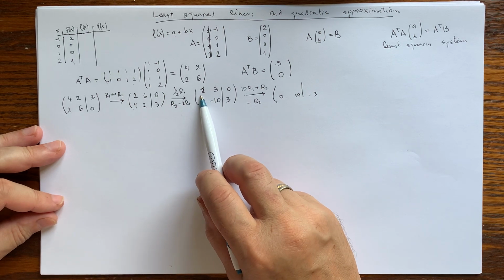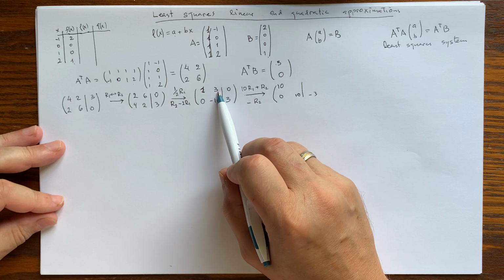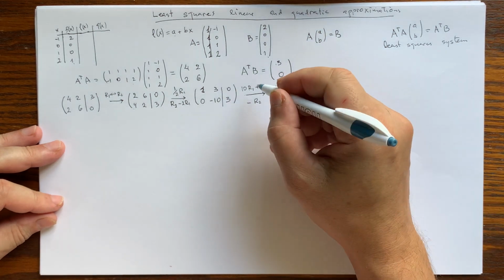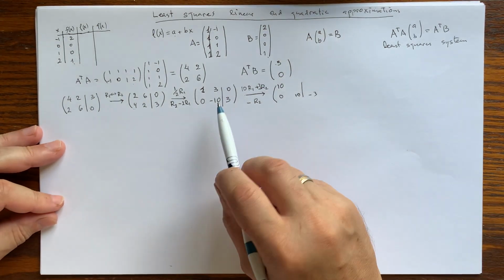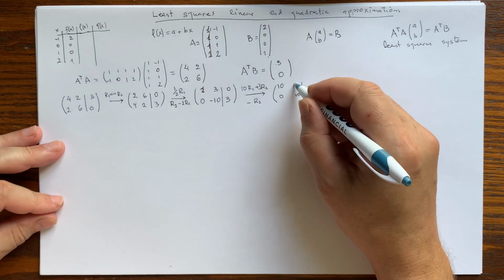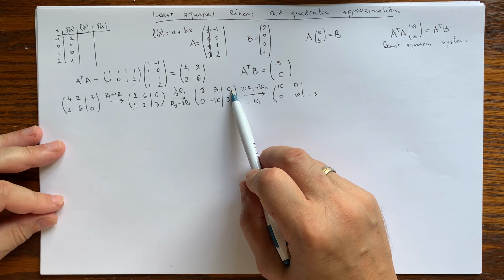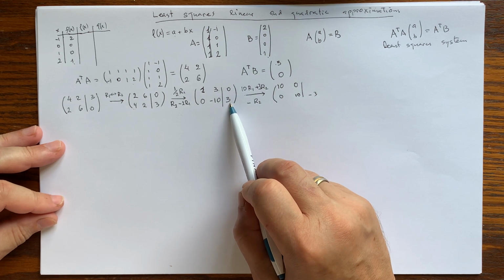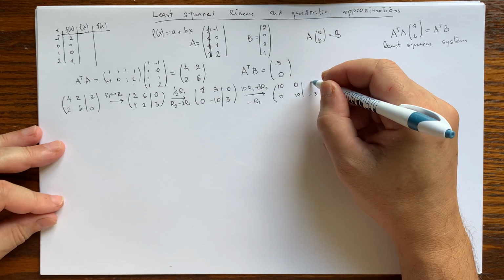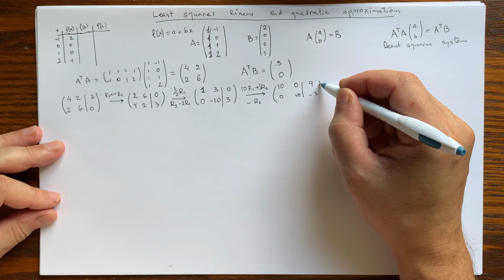And in this row we'll have 10 and then 30 without, sorry, adding 3 copies. 30 without 30, 0 as desired, and then 0 times 10 is still 0, plus 3, and that will be 9. So these are the answers for A and B.